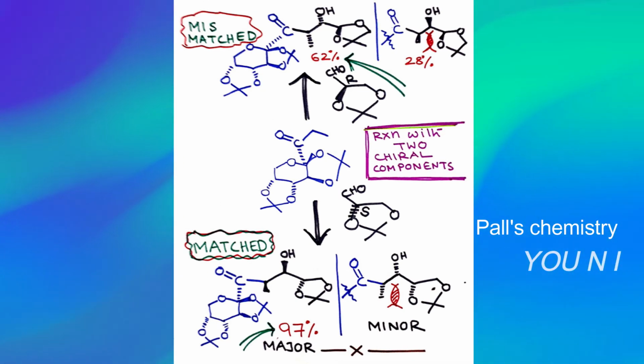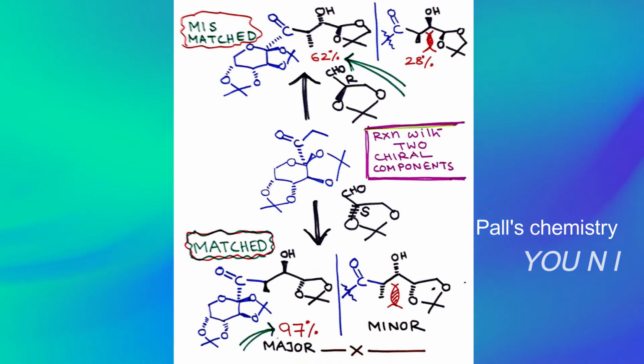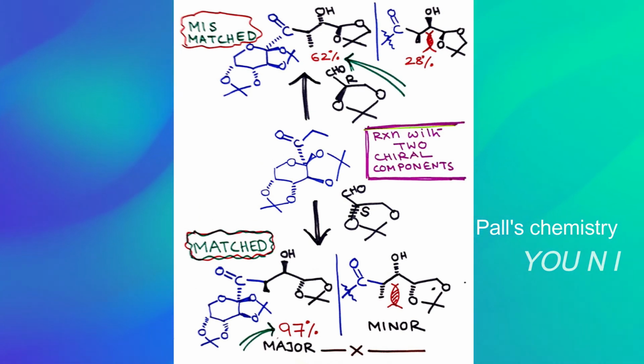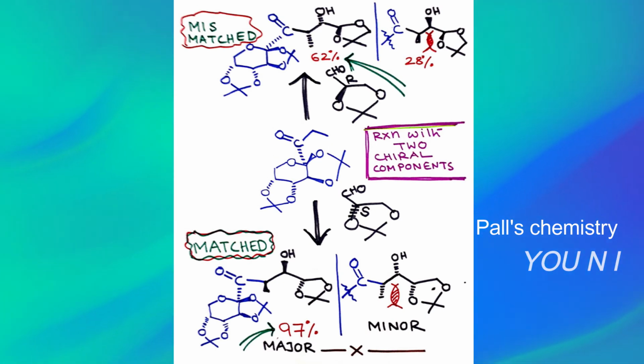If the major product percentage is less than 4.3 or 5, then that particular aldol condensation will be considered a mismatched aldol condensation.